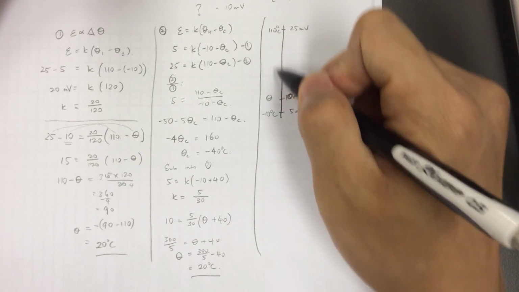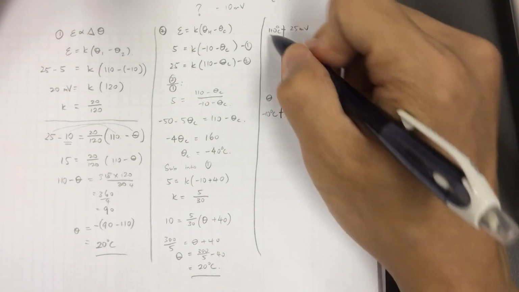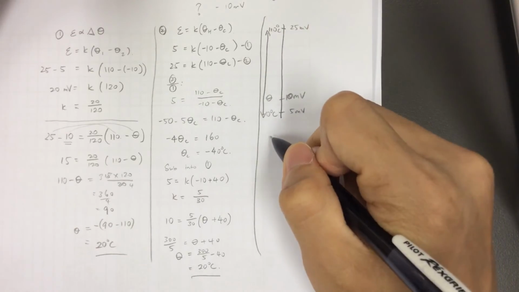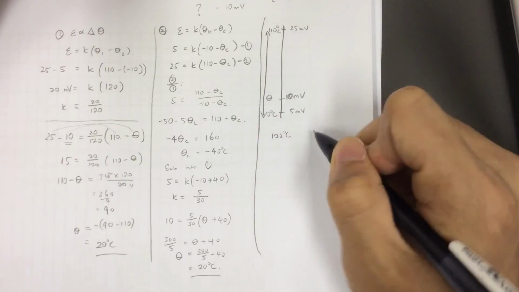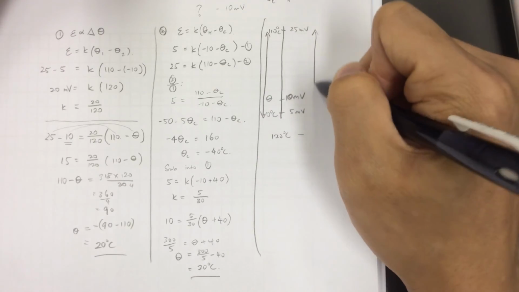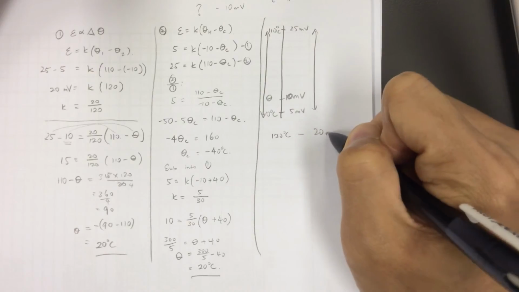By finding first that between 110 to minus 10 degrees is 120 degrees. It is given by the difference here, which is 20 millivolts.